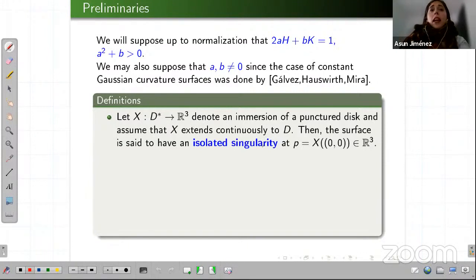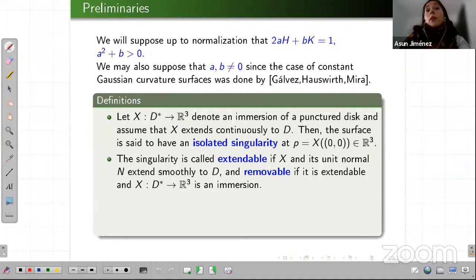And the singularity will be called extendable when X and also the normal of the surface extend smoothly across the puncture. And in fact, we will call it removable, which is something more restrictive than extendable. When it is extendable, you have a well-defined tangent plane at the puncture, but also the surface is an immersion at that point.